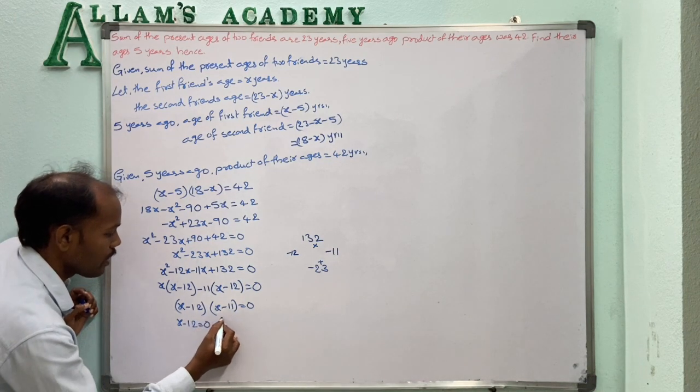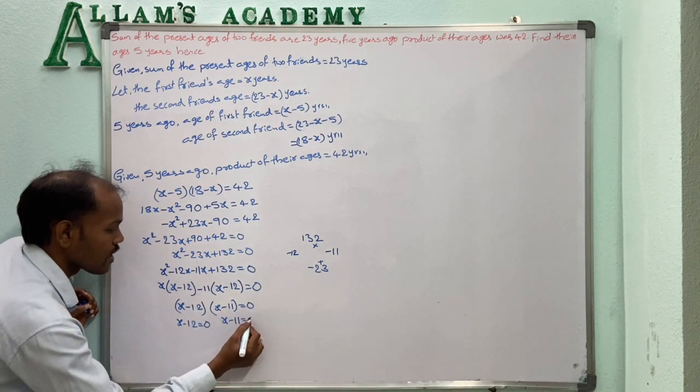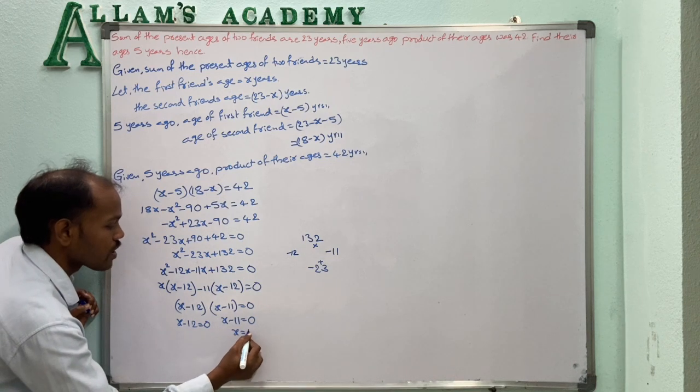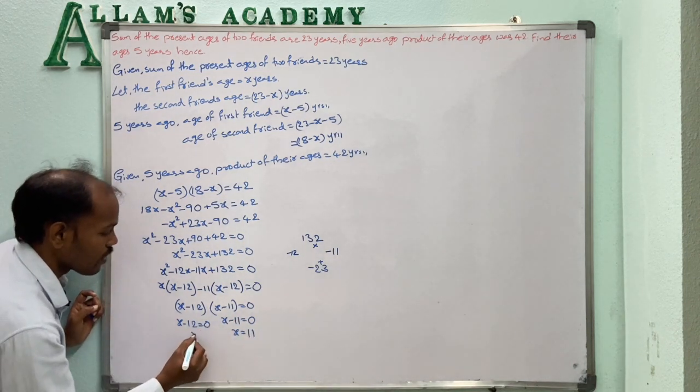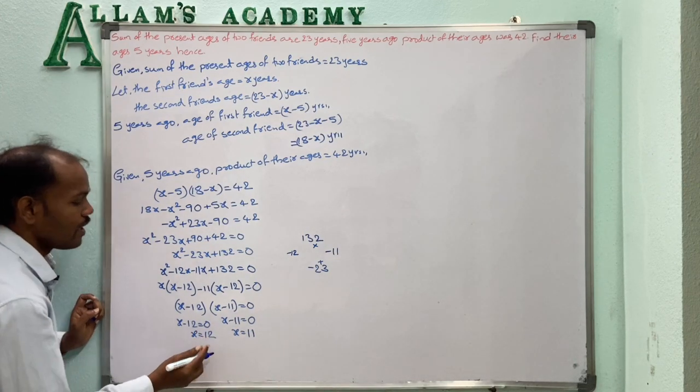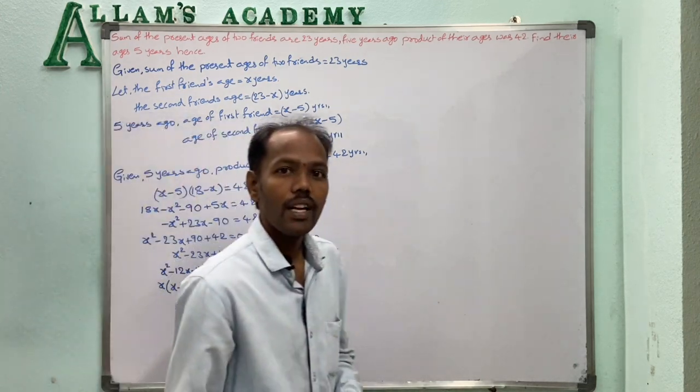That means either x minus 12 equal to 0, otherwise x minus 11 equal to 0. If x minus 11 equal to 0, then x equal to 11. If x minus 12 equal to 0, then x equal to 12. So x equals 12, otherwise 11.